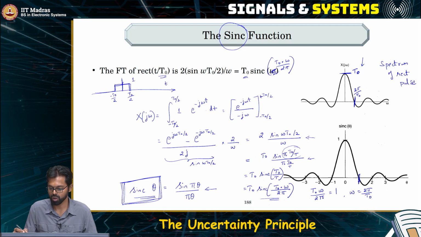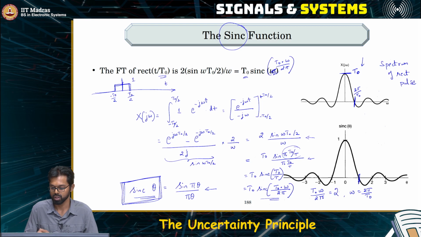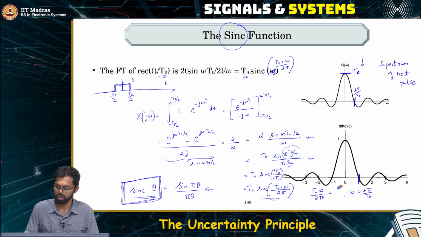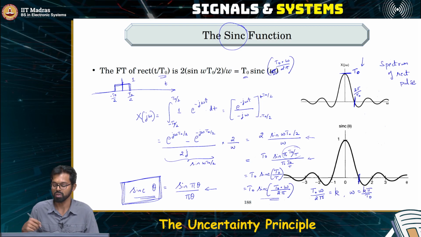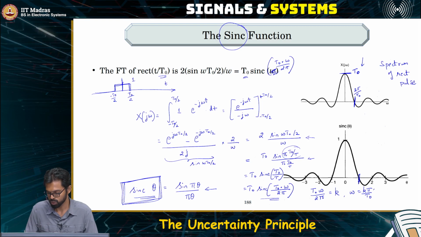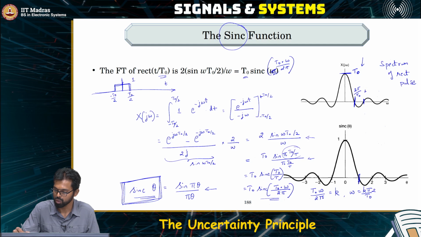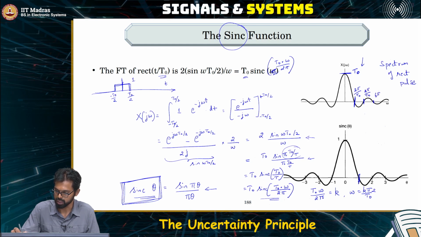And when is the next 0 crossing? The next 0 crossing is at 2. So the corresponding value of omega is 4 pi by t naught. So 0 crossings happen at integer values. So the corresponding value of omega is k times 2 pi by t naught. This is 4 pi by t naught. This is 6 pi by t naught.